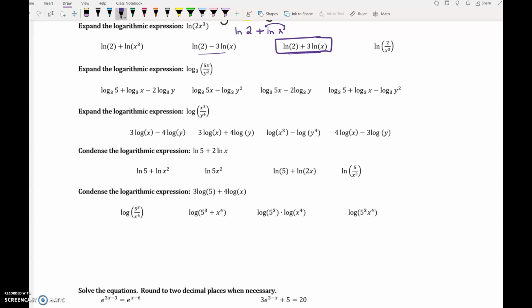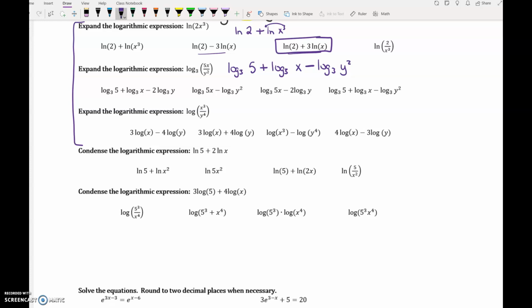The next one, and I think all 3 of these are the same problem in EdSite, so make sure you scroll. We've got log base 3 of 5, log base 3 of x, and log base 3 of y squared. The y squared was on the bottom, so that needs a minus. The other 2 get plus.